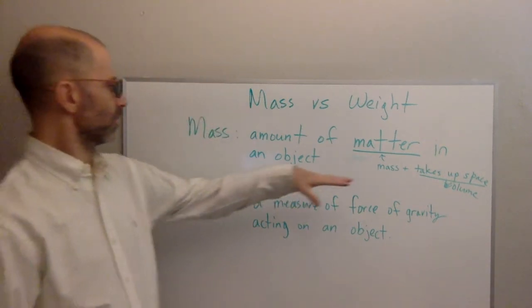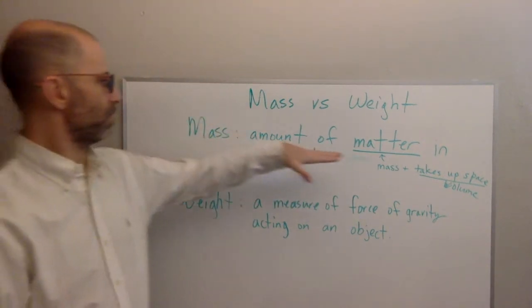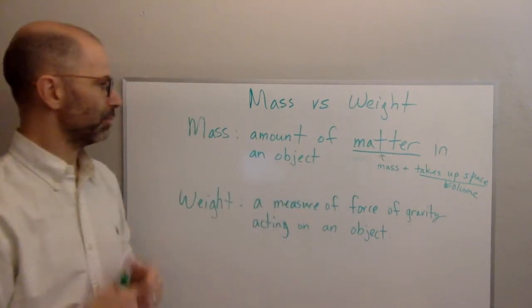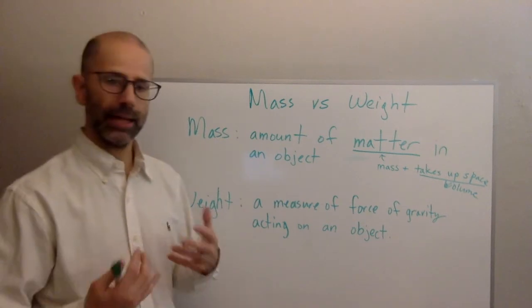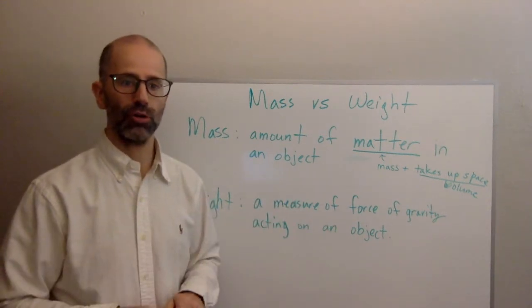So mass is the amount of matter that's in a particular object. Matter is anything that has mass and takes up space or has mass and volume.